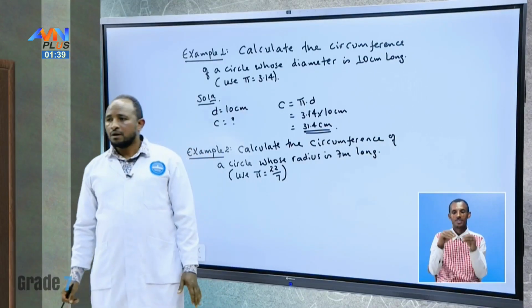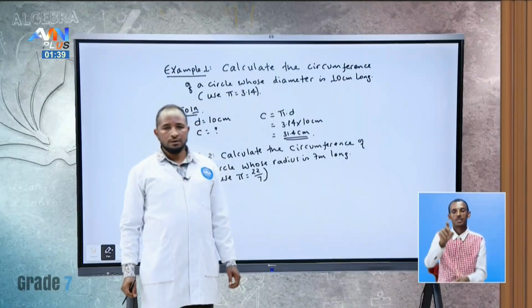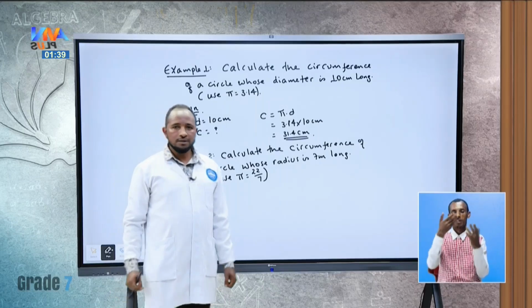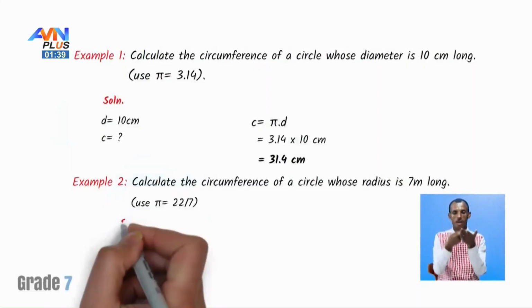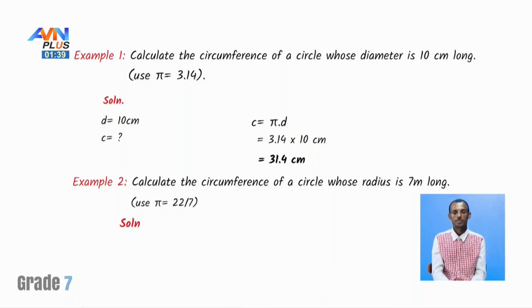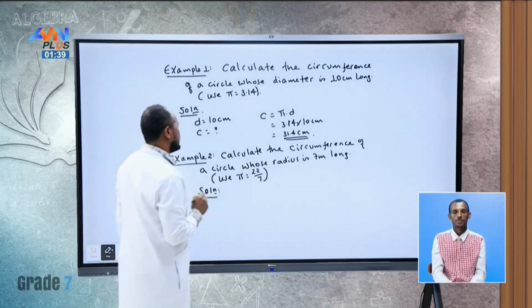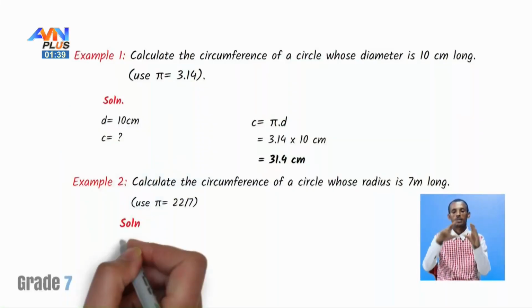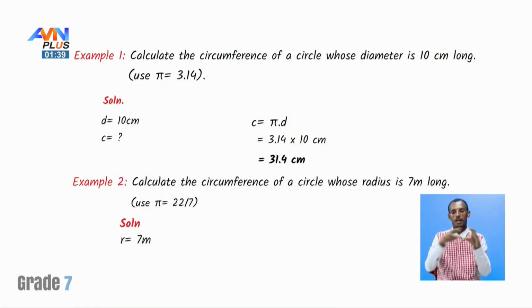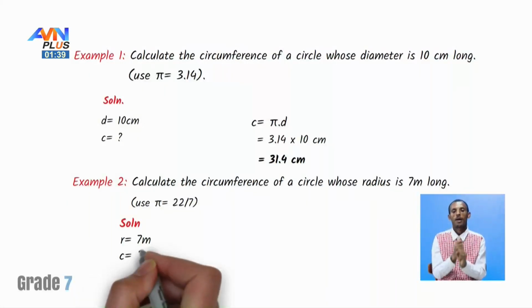Students, have you tried the question? Very good. Now we'll see the answer together. Okay, here the radius is given. The radius of the circle is given to be 7 meter, and we are asked to find the circumference.